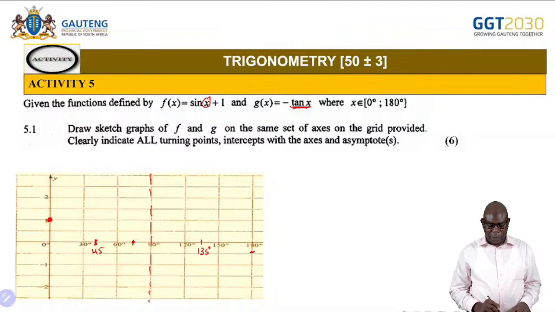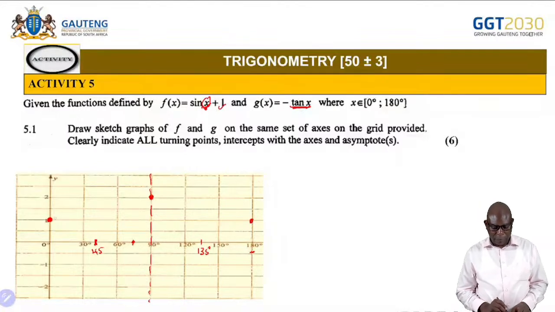If I substitute the value of x by 90, sine of 90 is 1. 1 plus this 1 will give me a 2. So at 90, it will be 2. If I substitute by 180, sine of 180 is 0. Plus 1 is going to be 1. So it will be there.